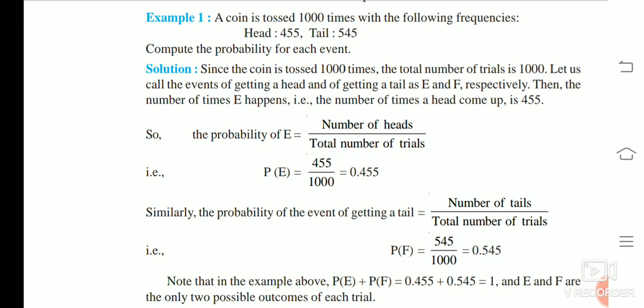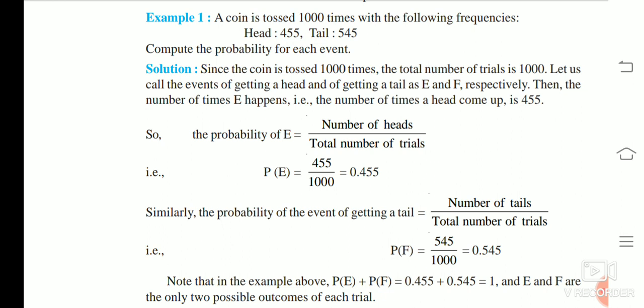So P of E equals 455 divided by 1000, you need to write 0.455. Similarly, the probability of the event of getting tail is the number of tails divided by total number of trials. So probability of F, that is failure, that is probability of getting tail.